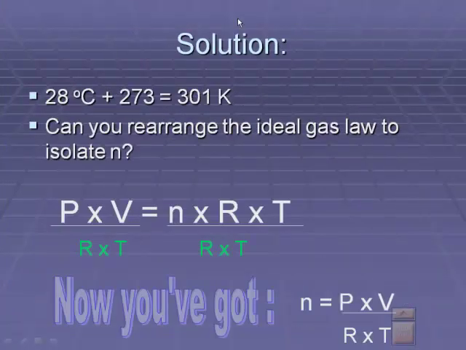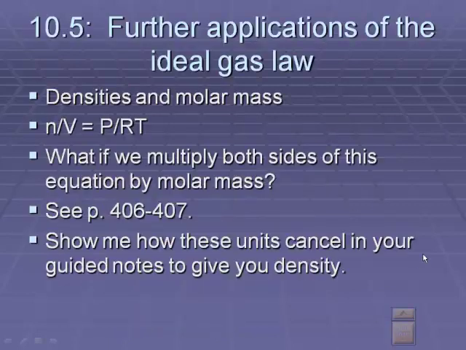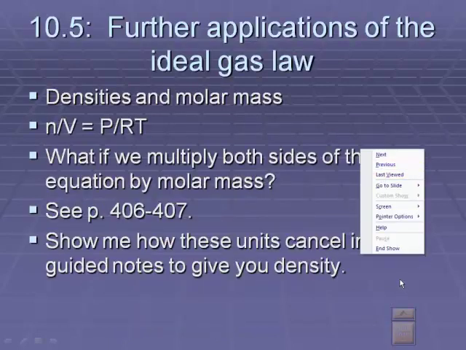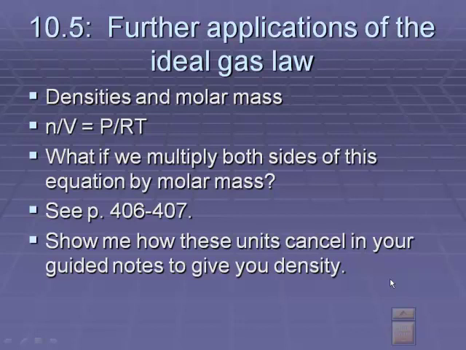Okay. So this is just showing you how you can rearrange the formula to solve just for N. You should have put 8.31 and the temperature 301 Kelvin down here on the bottom. And I don't want to show you the answer to that.